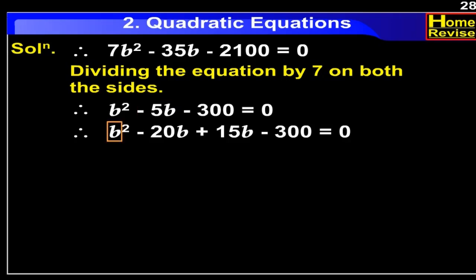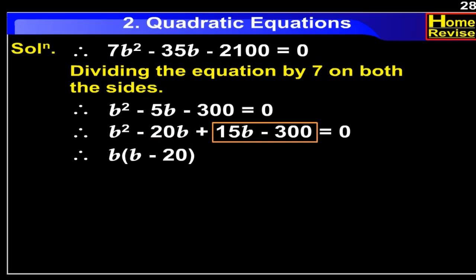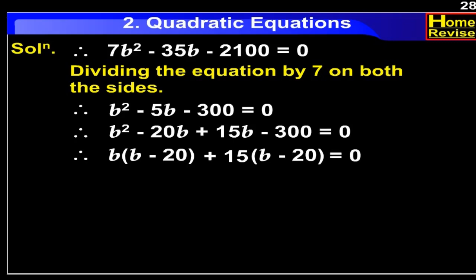Now taking out B common from the first two terms, we have B into (B minus 20). And taking out plus 15 common from the next two terms, we have plus 15 into (B minus 20) is equal to 0.